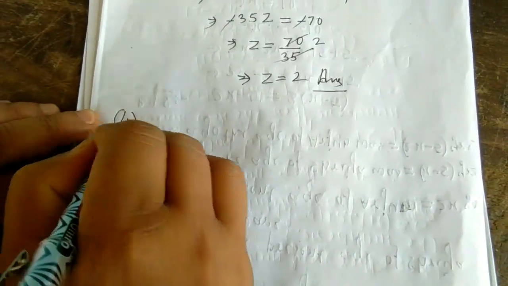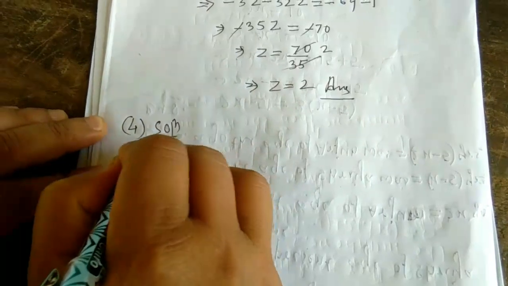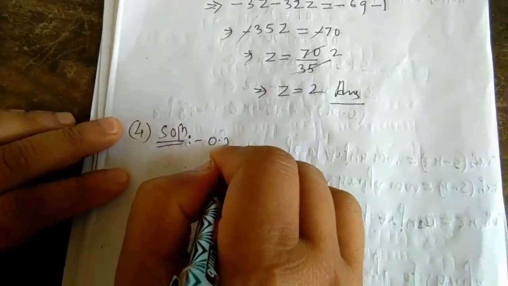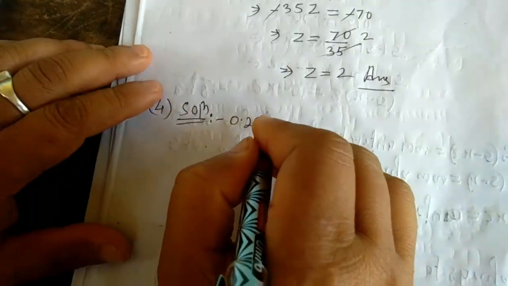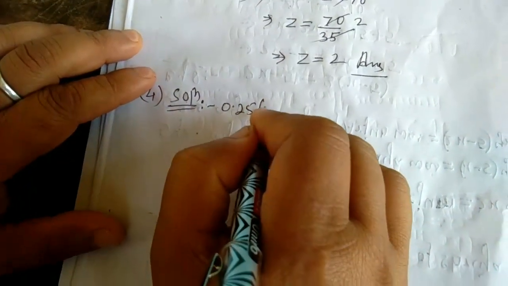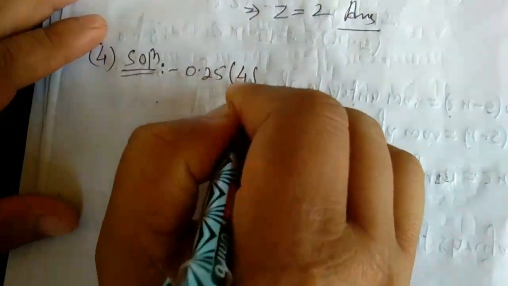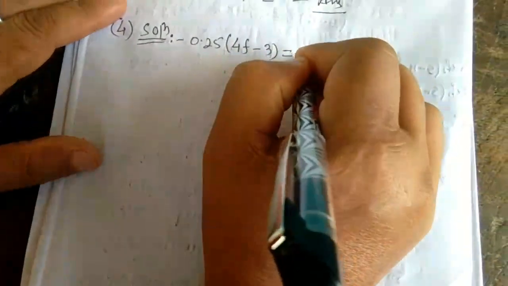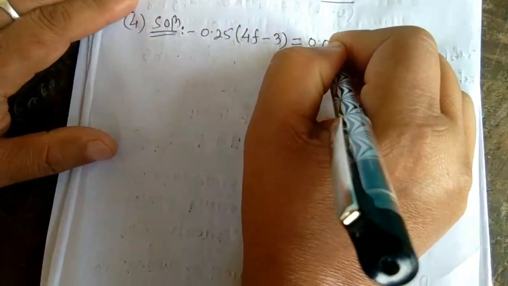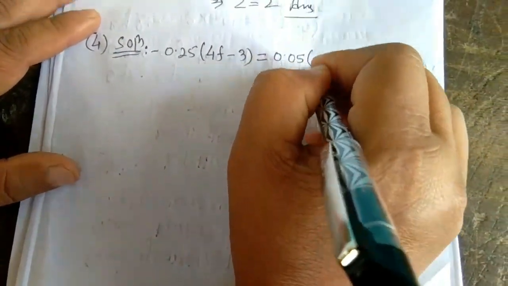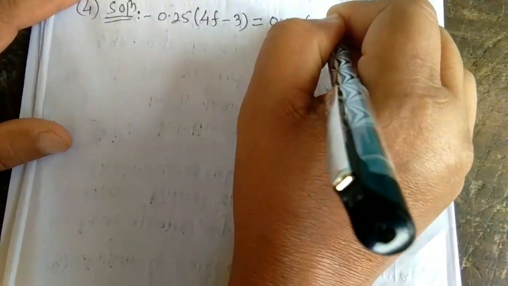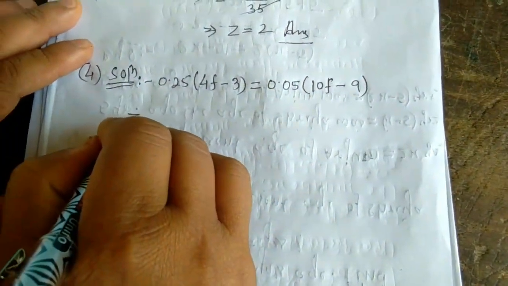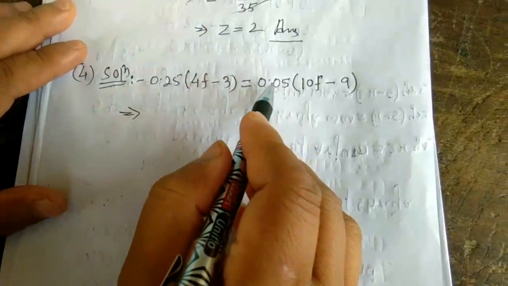Solution to question number 4: 0.25(4f − 3) = 0.05(10f − 9). Look, very simple.